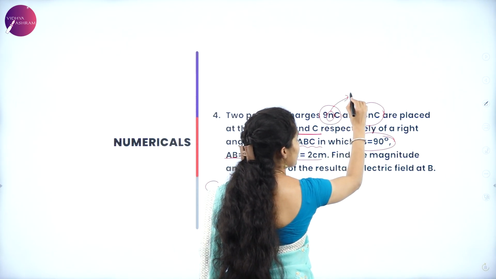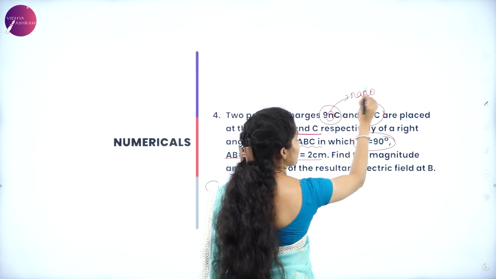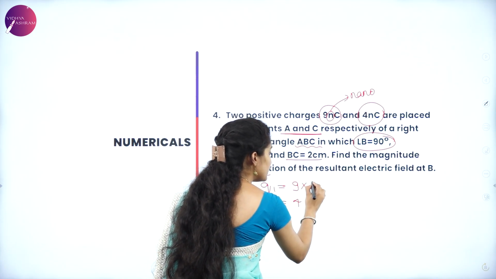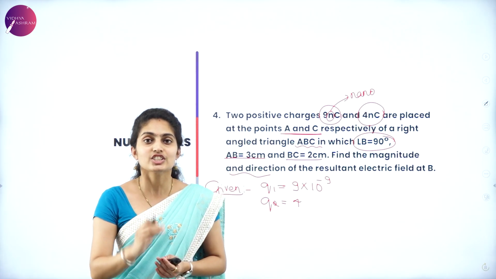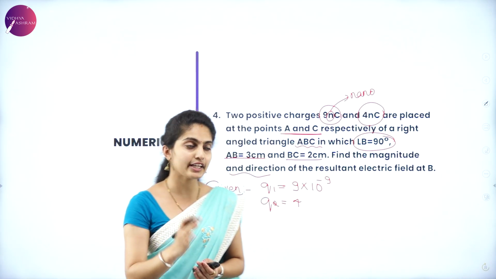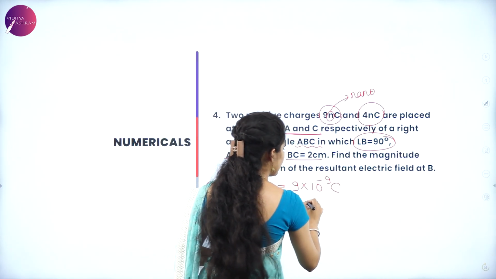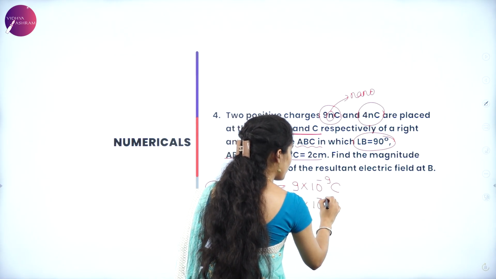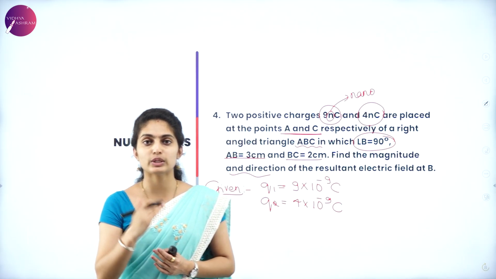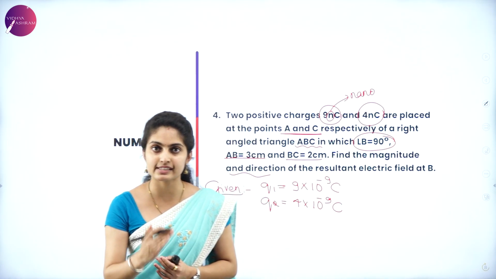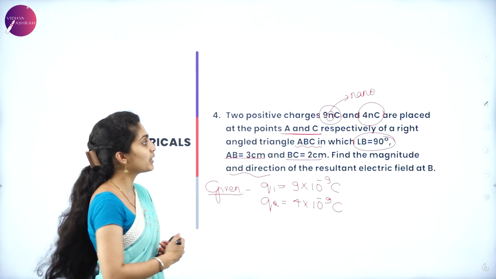Small letter n means it is nano. Nano means it is 10 raised to minus 9 coulomb. So we have two charges: 9 into 10 to the power of minus 9 coulomb and 4 into 10 raised to minus 9 coulomb.